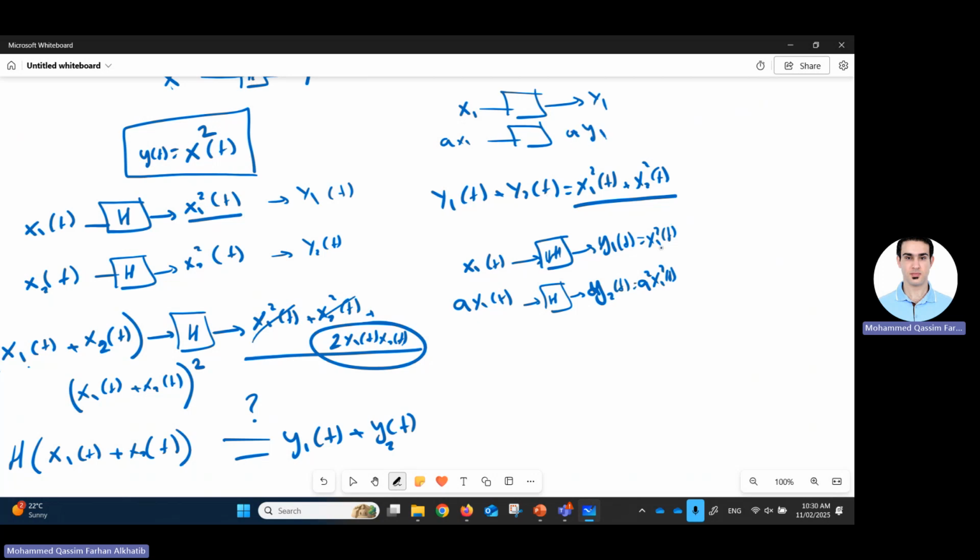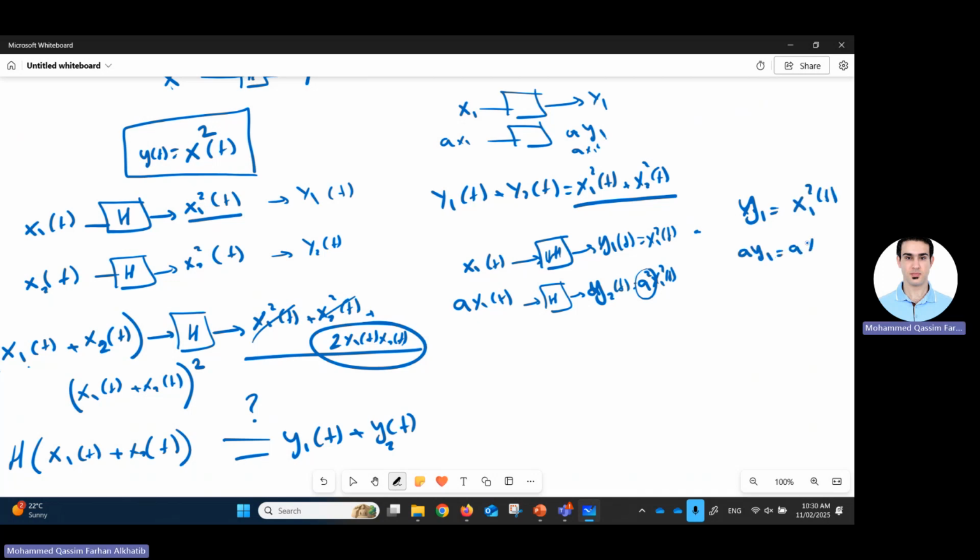And here I'm getting a squared. I should be getting a x1 squared because y1 is x1 squared of t, so ay1 equals a x1 squared of t.